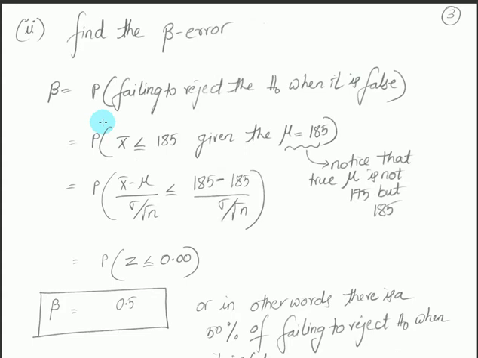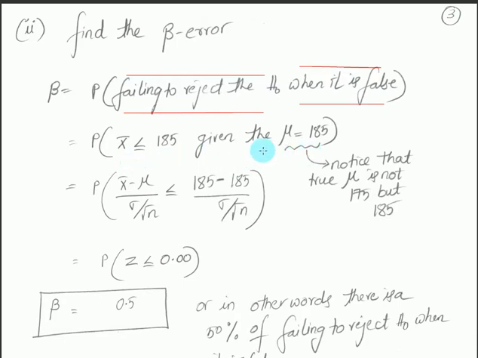Beta is nothing but the probability of failing to reject the H naught when it is false, or in other words, accepting the H naught when it is in fact false. So that is your beta error. In this case, when do we fail to reject it? If x bar is less than 185, then you fail to reject it.